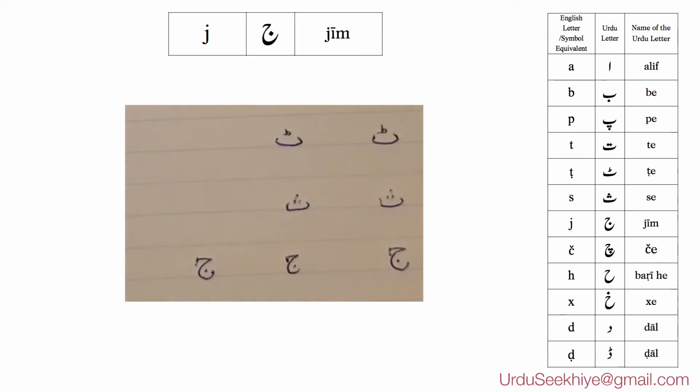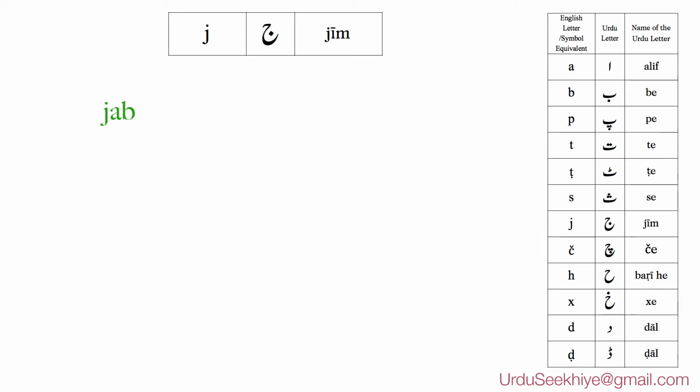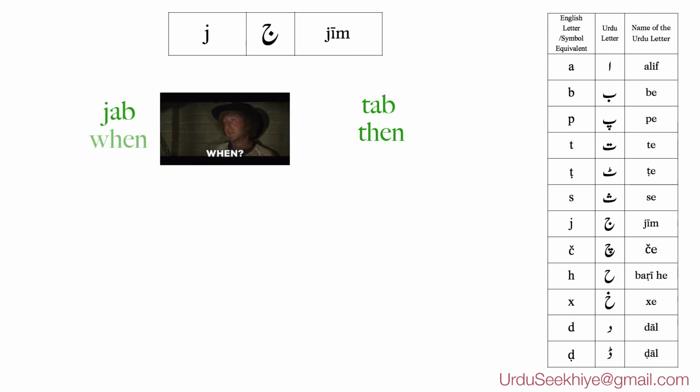Our first word is jub. Jub sounds like tub, which means then. Jub means when. Next word, jin. Jin, in the context that I'm referring to it in, means these or those.